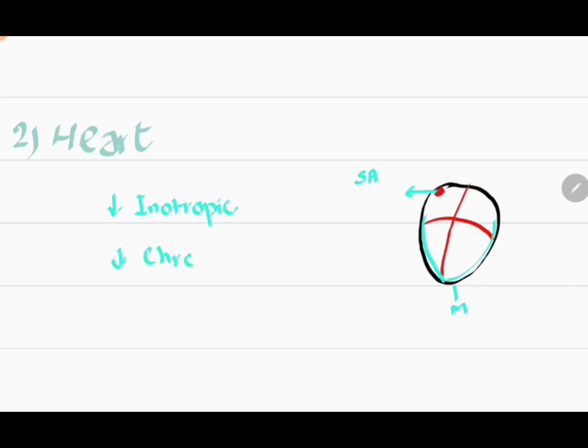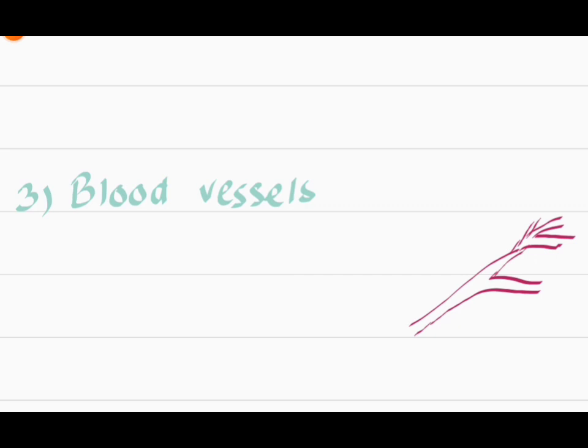Negative inotropic means that heart contractility is reduced, and negative chronotropic means that the heart rate is also reduced, so it depresses the SA node, and has a depressing effect on the AV node and ventricles.